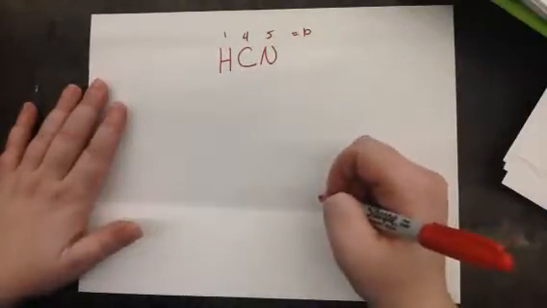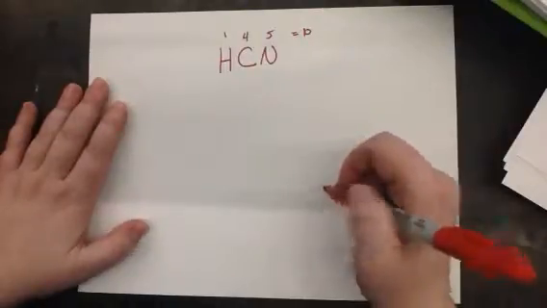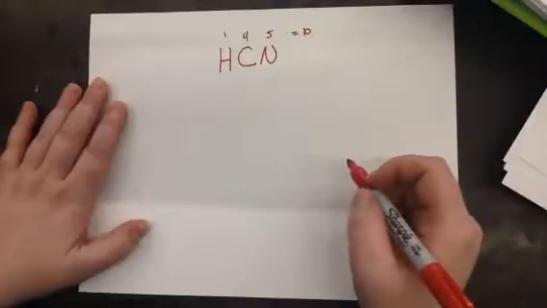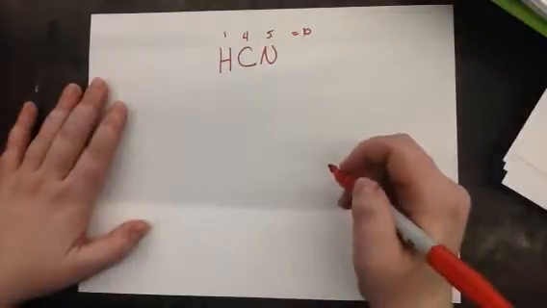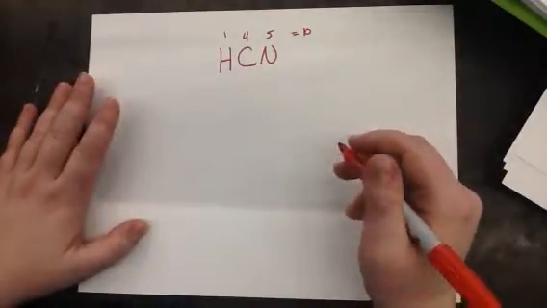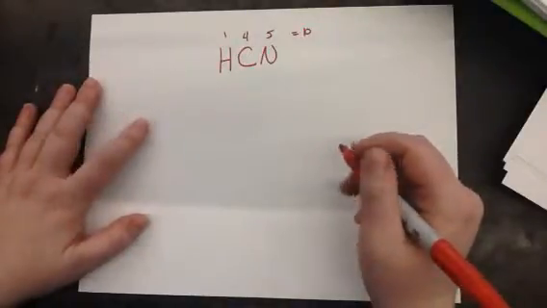The next step is to draw a skeleton and connect the atoms with single bonds. Usually if the formula has more than 2 elements, it's going to be written in the order that they would actually be bonded together. If there's only 2 elements, the one that is the least electronegative usually goes in the center.